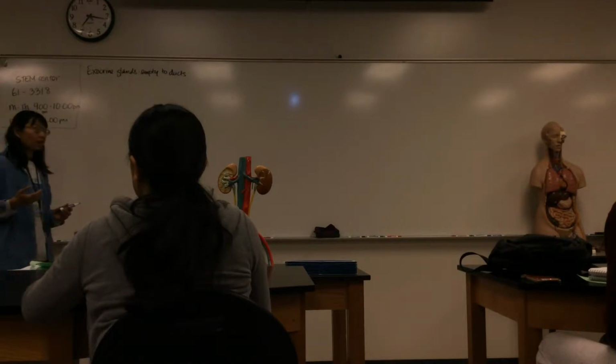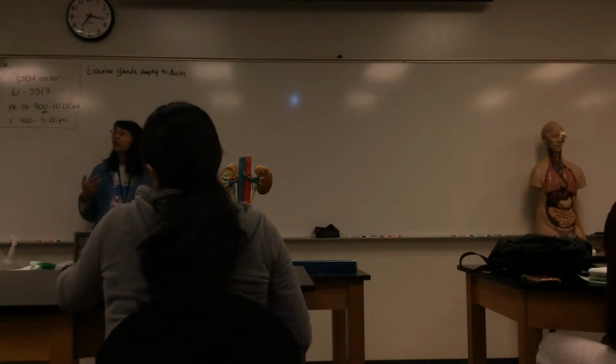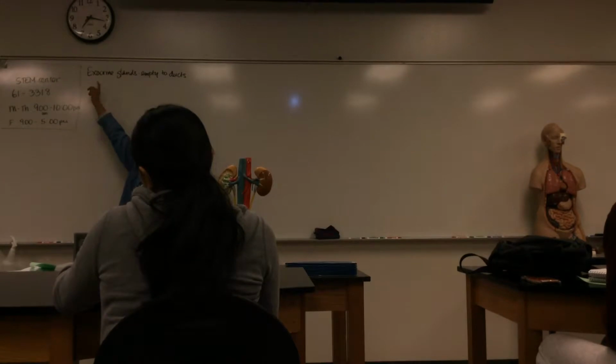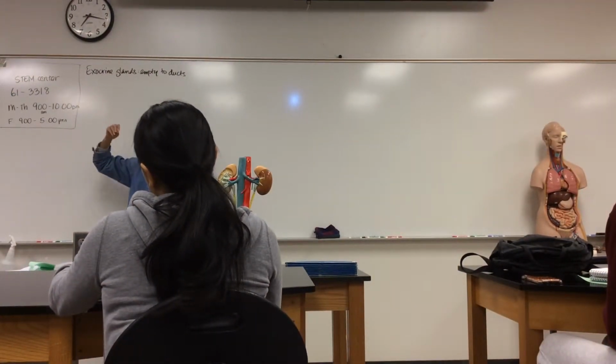Where did we see pancreas before? We saw pancreas in what system? Digestive system. And in that chapter, it made enzymes to break down food. Agree? So the enzymes to break down food, that's exocrine function of the pancreas. Because it goes into the duct, you guys remember? And it goes into the small intestine.